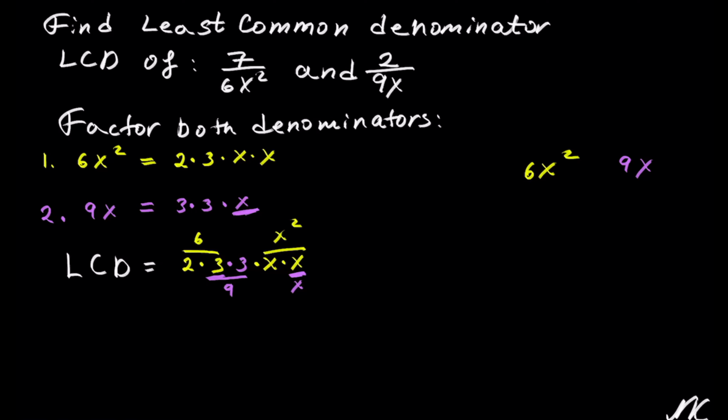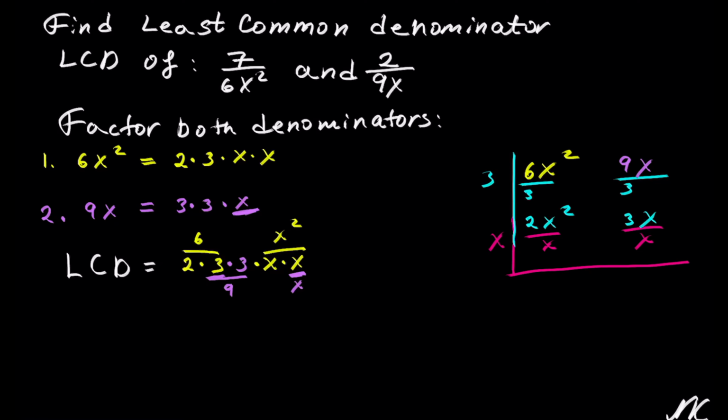So 6x squared and 9x can both be divided by 3, so we can take out 3 on this step, and this gives us 6 divided by 3 is 2x squared. 9 divided by 3 gives us 3x. 2x squared and 3x can also be divided by x, and x will go on the outside, and this will reduce into 2x squared divided by x gives us 2x. 3x divided by x gives us 3.